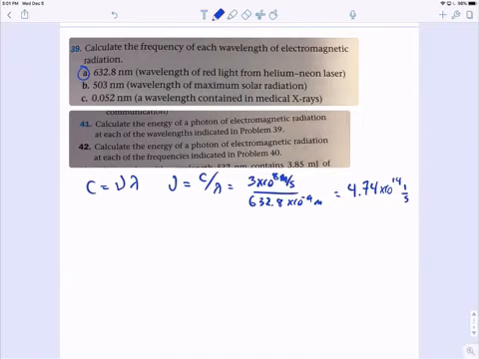And then the energy is h times the frequency, which equals 6.626 times 10 to the minus 34 joules times seconds times 4.74 times 10 to the 14.